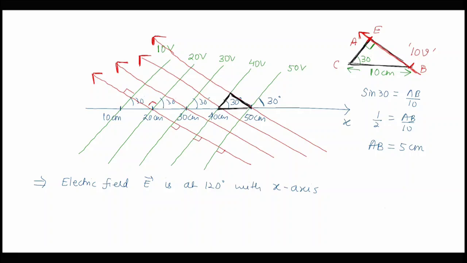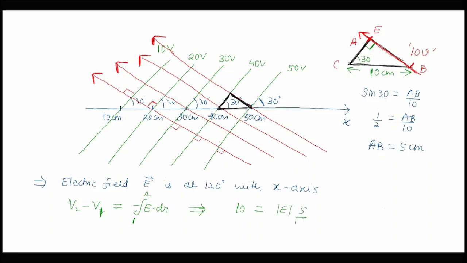So the value of potential difference is equal to 10 volt. If we use the expression V2 minus V1 is equal to negative integral of E dot dr from position 1 to 2, and since electric field is constant in this region, the potential difference of 10 volt is equal to the magnitude of E times the separation, which is 5 centimeter.